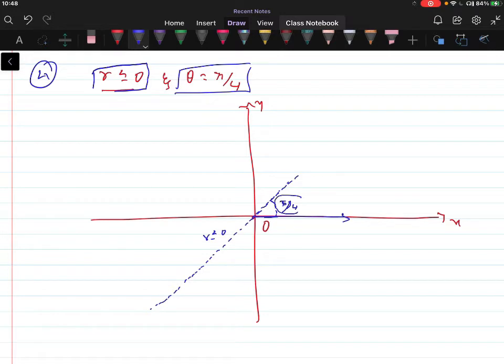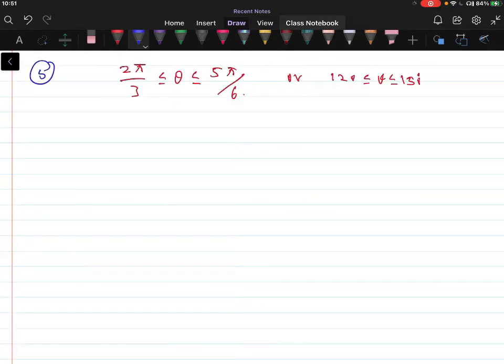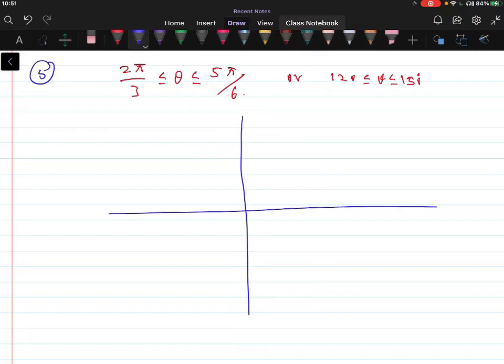Let us plot the points where theta lies between 2 pi by 3 to 5 pi by 3. So let us consider the coordinate system, x-axis and y-axis. Let us fix the origin O, draw the initial ray from the origin, this is the initial ray, and take theta is equal to 2 pi by 3.